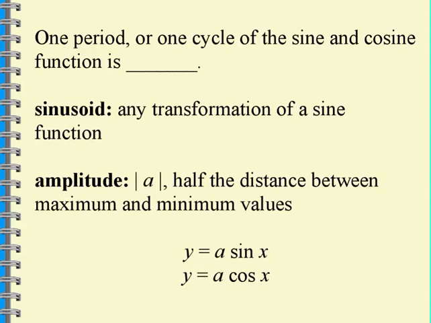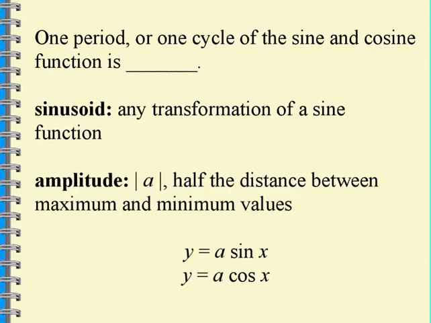When it says cycle, that means the base section that does not repeat at all. You know how you take a pattern sometimes and then trace it over and over again? That's kind of what a sine and cosine curve is. It's a pattern, and I want to know that base pattern. What am I going to repeat over and over again? How long is that base pattern?